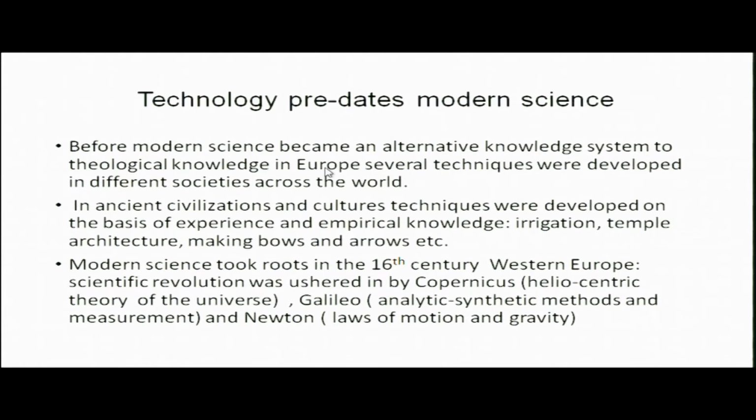The contributions of these three persons, and later others like Kepler and so on, ushered in what we call today the scientific revolution, which changed the entire way of knowing the world from a theological system of knowledge based on faith and revelation. Here the scientific revolution insisted that one should observe and one should use logic in arriving at conclusions about the world.